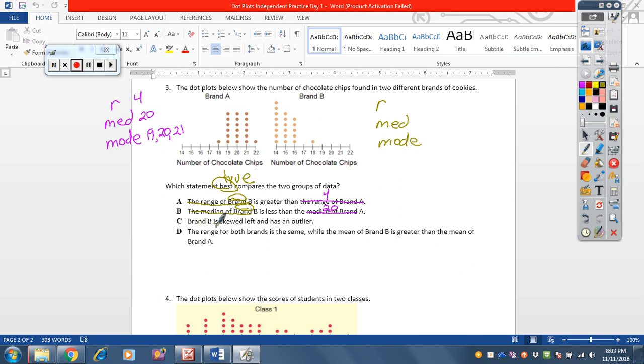So C says brand B is skewed left and has an outlier. Left would mean the tail's on the other side. So I would say it is not skewed left. The range for both brands is the same.